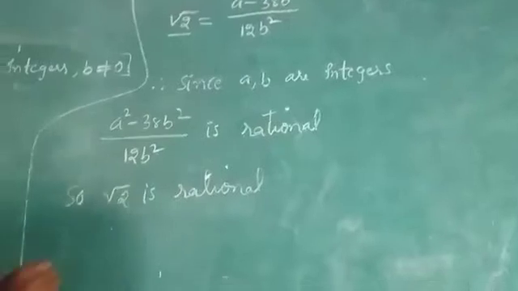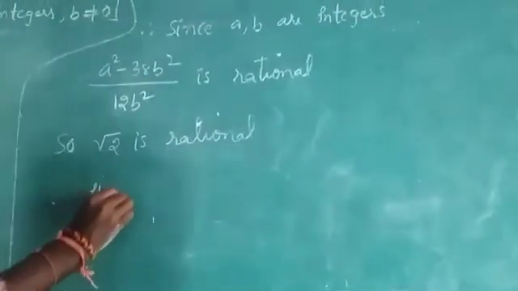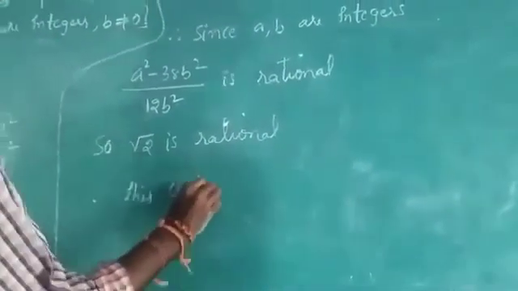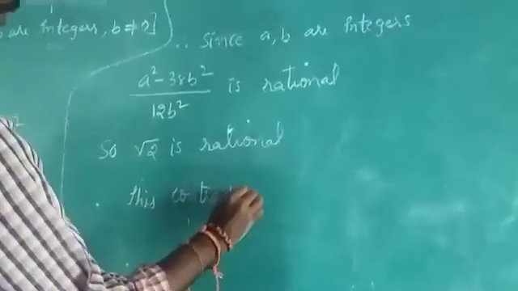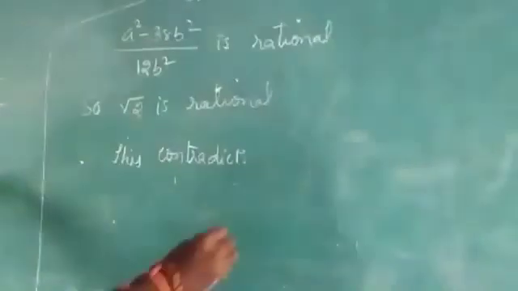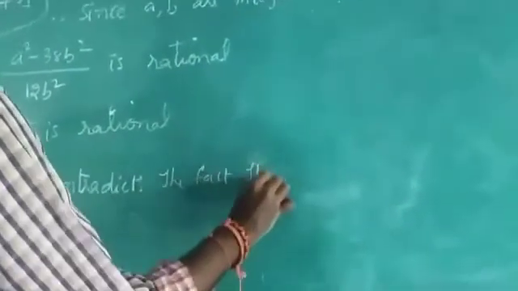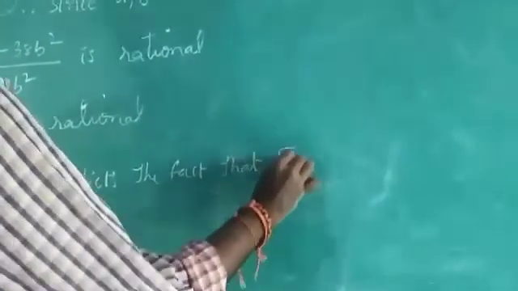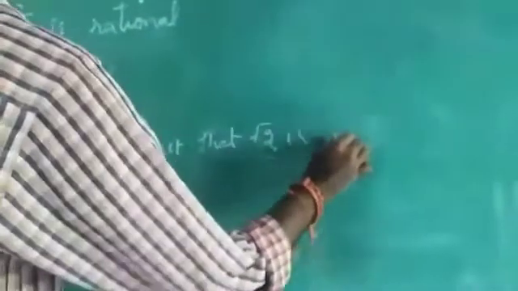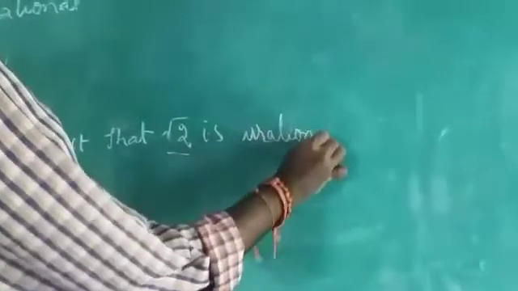But this is a contradiction. What is this contradiction? This contradicts the fact that root 2 is irrational. We know that it is irrational, right or not? It is irrational.